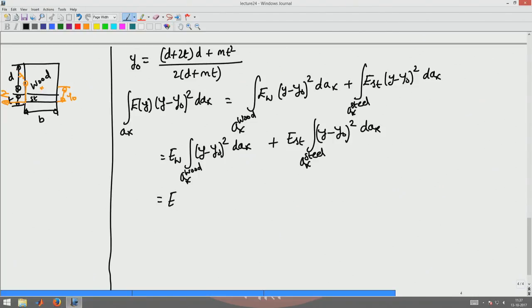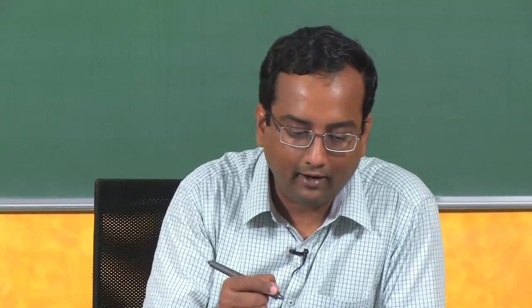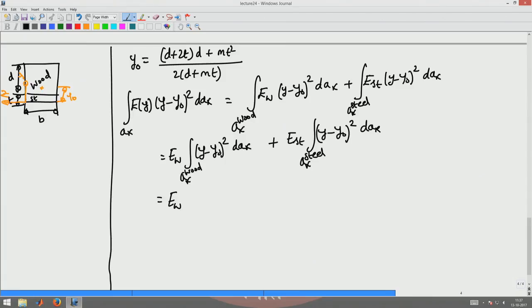Now, this will be E_W into, first I will do it by integration, then I will do it by another method wherein I will use the parallel axis theorem to shift the areas.